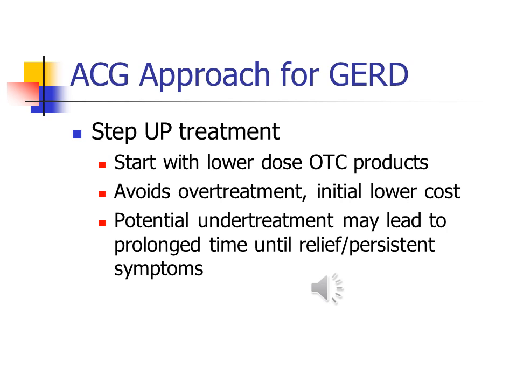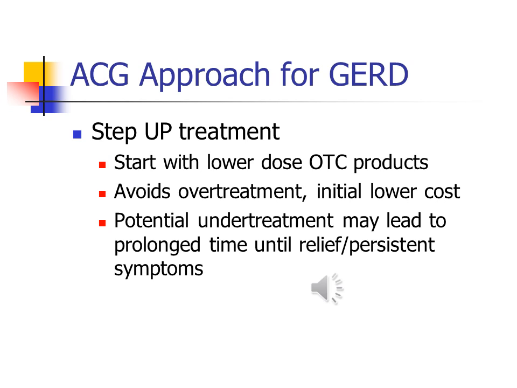What the step-up treatment approach does for patients is start with a lower dose of an over-the-counter product or perhaps an H2 receptor antagonist versus a proton pump inhibitor. And what this does is avoid over-treating the patient, so we're not treating them with an agent that they don't need. And it also usually results in an initial lower drug cost, since most of these products are less expensive than the prescription products.